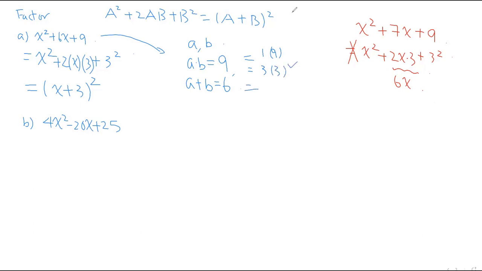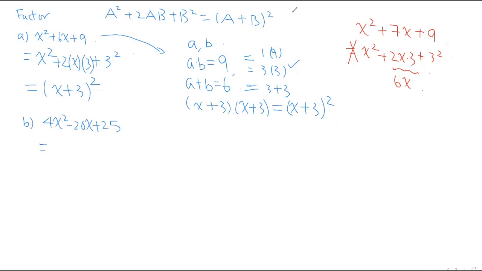See, the last one works, since 3 plus 3 equals 6. So the original one equals x plus 3 times x plus 3, which is just x plus 3 squared. So for this trinomial, you can either use the formula or factor directly.